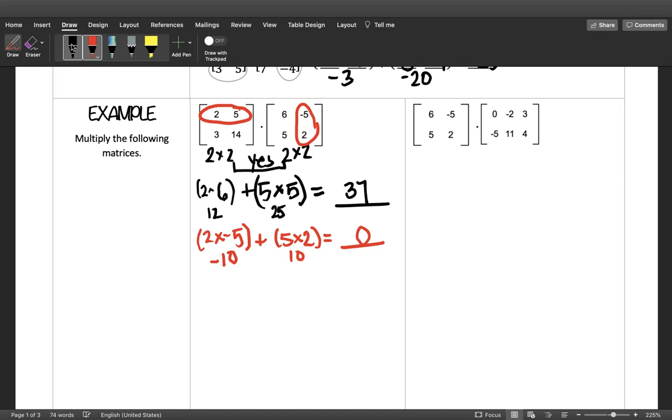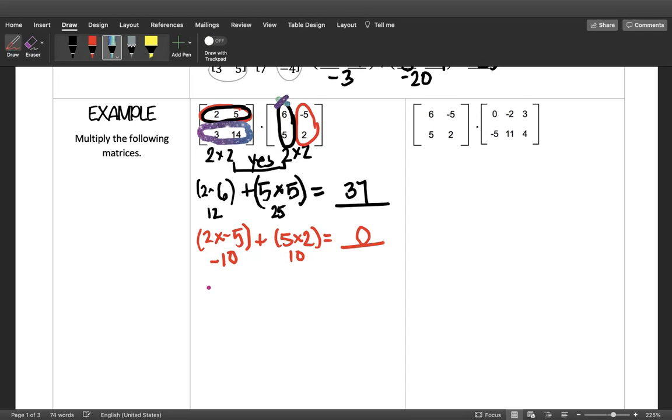Okay, so I'm going to leave these here. And then we'll do second row, first column.